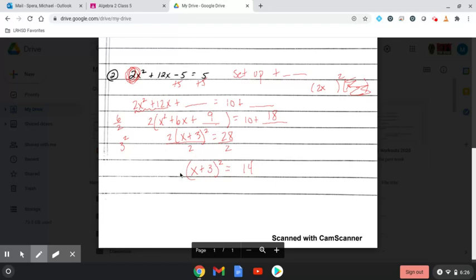All right? And lastly, square root both sides. Already I'm thinking 14 does not simplify. Can't forget about plus or minus. And finally, you just got to get x by itself, which means subtract the 3 over. And that's it, guys.